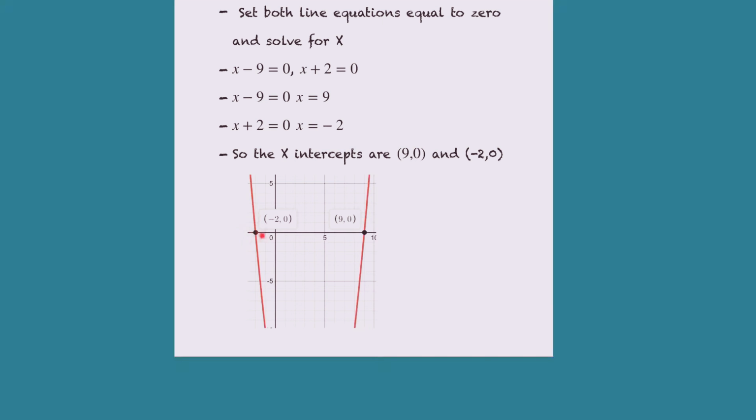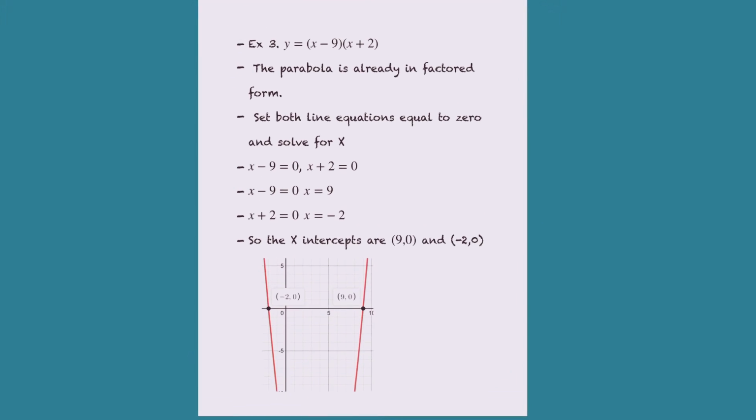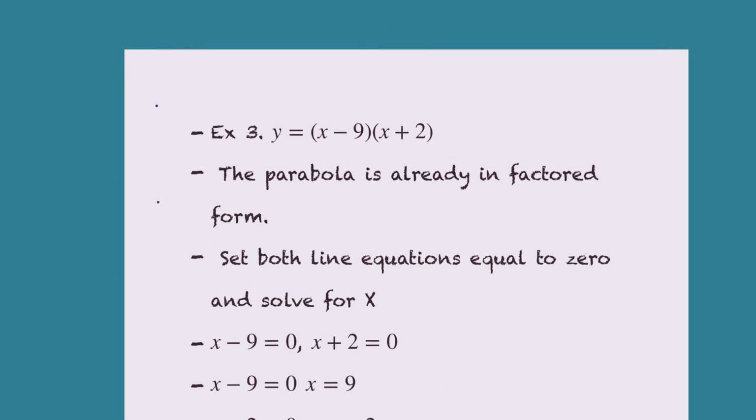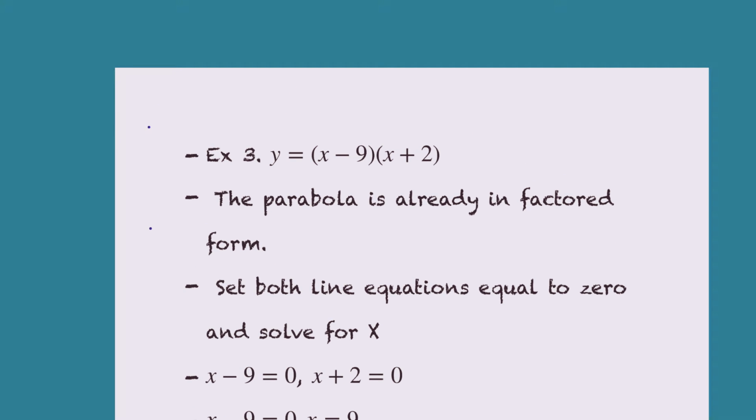So again, these are your x-intercepts, where it is going through the x. Now, if I wanted to find, just quickly, the y-intercept, we said we have to make every value of x 0.